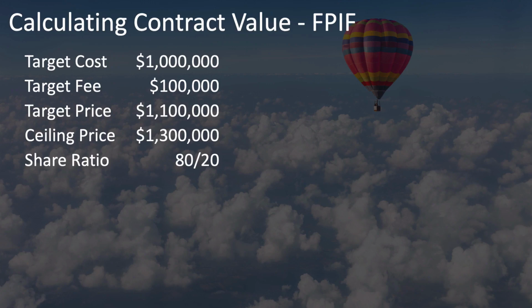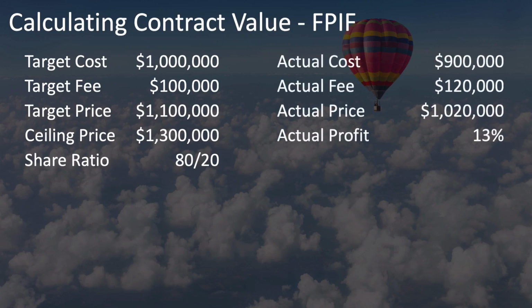Now let's take a look at the actuals. Let's suppose that thanks to some creative cost reduction methods on the part of the seller, the actual cost, that is the sum of the seller's costs, comes to $900,000, a $100,000 cost savings. That means that the seller gets their $100,000 fee plus 20% of the $100,000 savings for a total actual fee of $120,000.